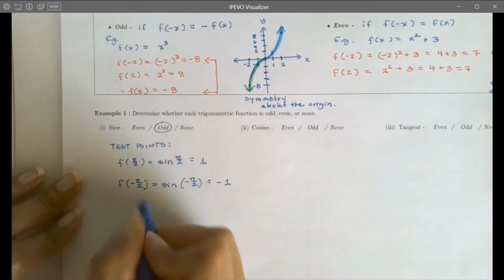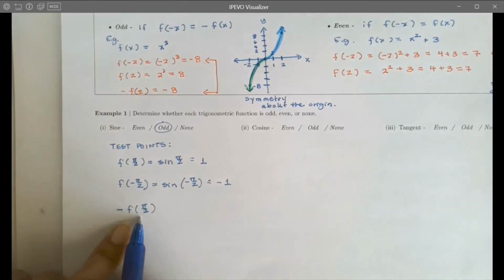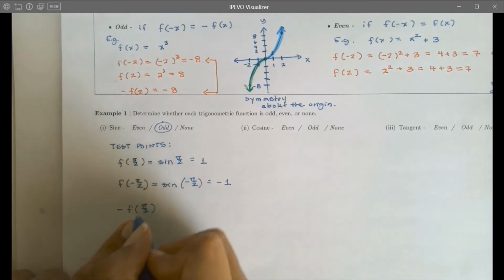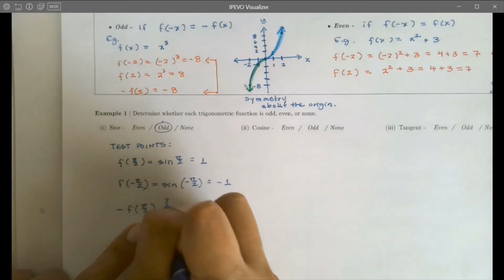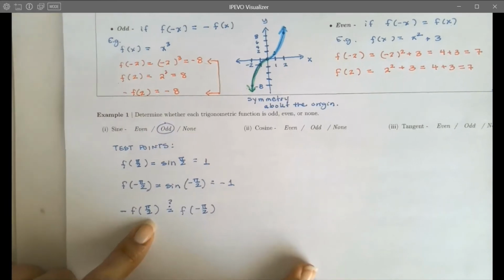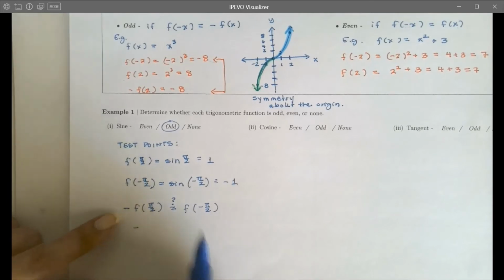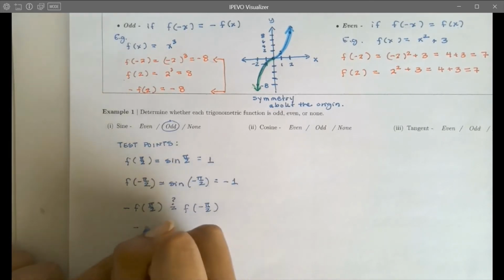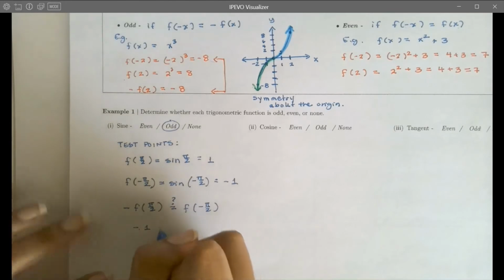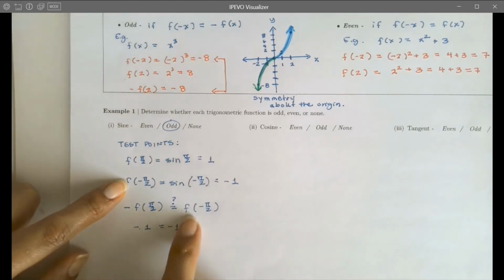What we need to check then is: is it true that negative f of pi over 2 is equal to f of negative pi over 2? Are those two going to be equal? Well, here we're going to get a negative 1 times 1, and that is equal to negative 1 for f of negative pi over 2.